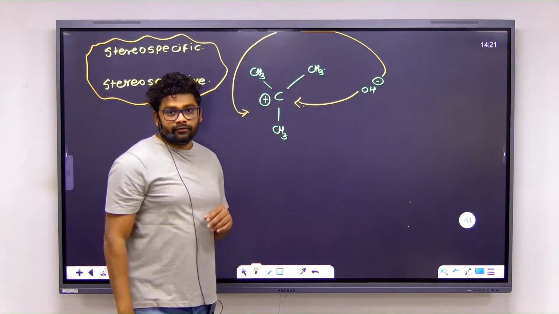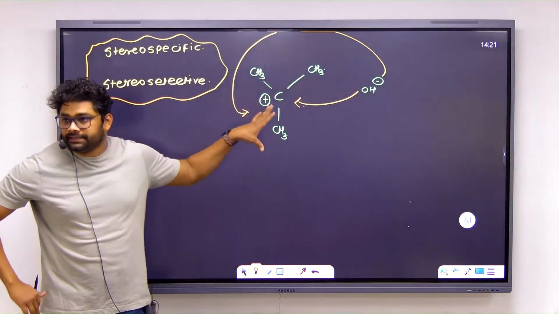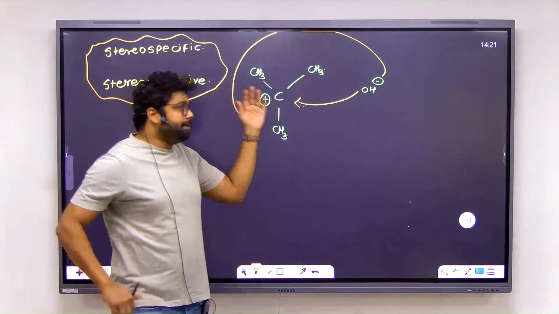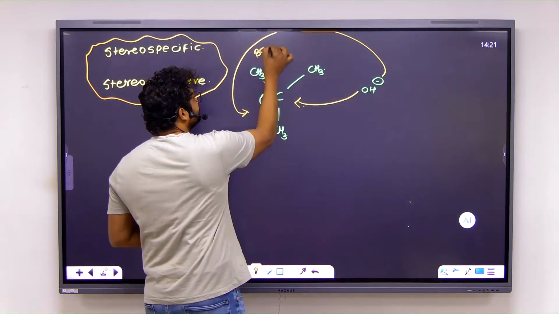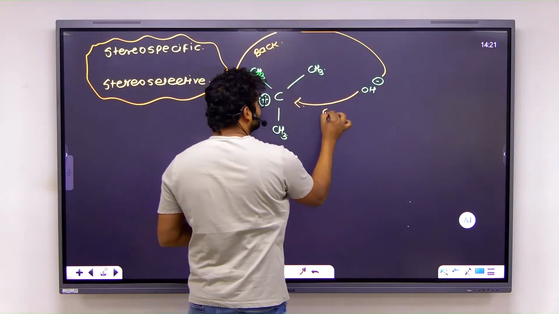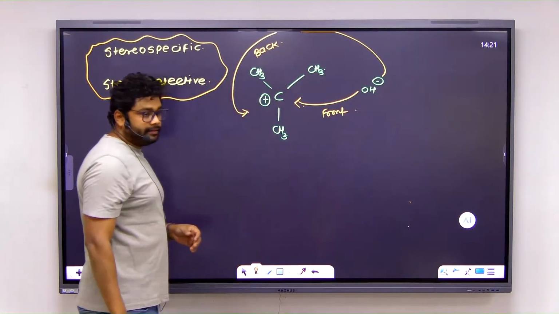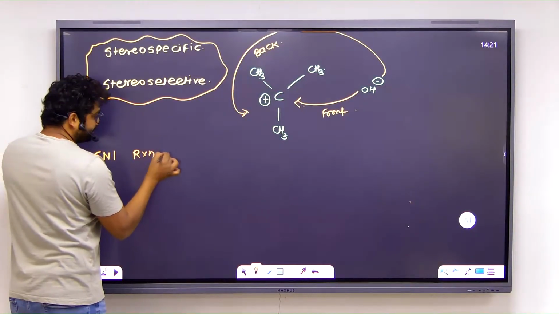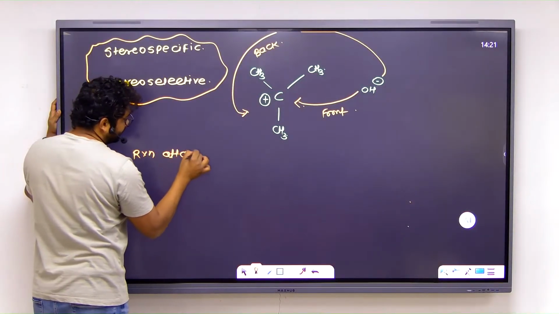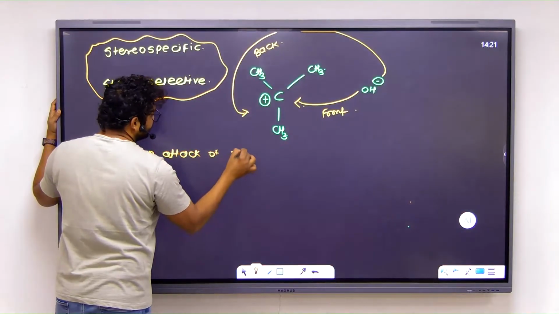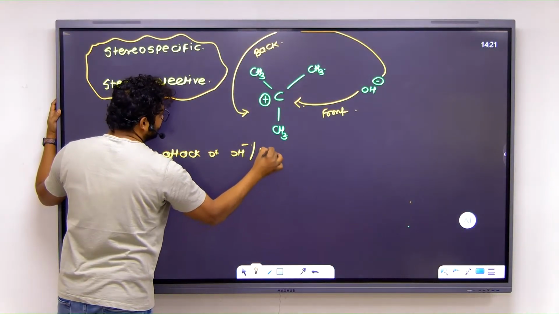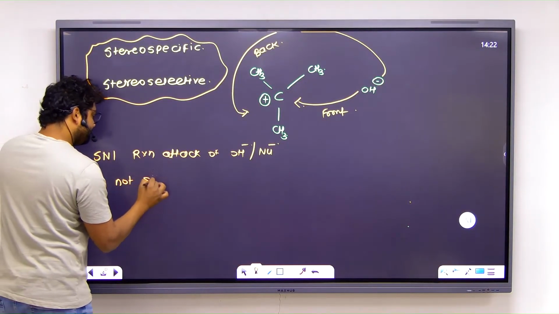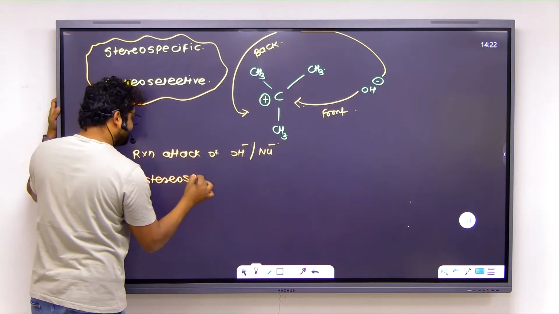So it is not very specific on its path. It can attack from back side and front side also. And therefore you can see in SN1 reaction, the attack of OH minus or any nucleophile is not stereo specific.